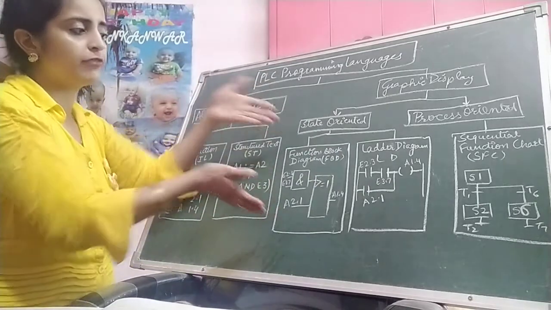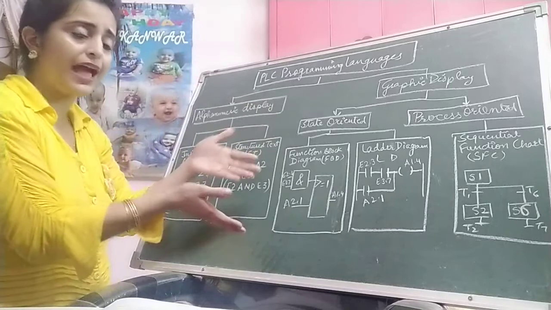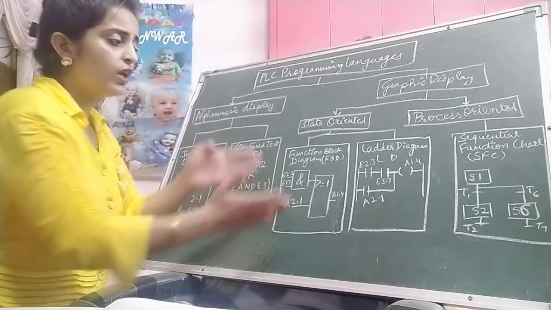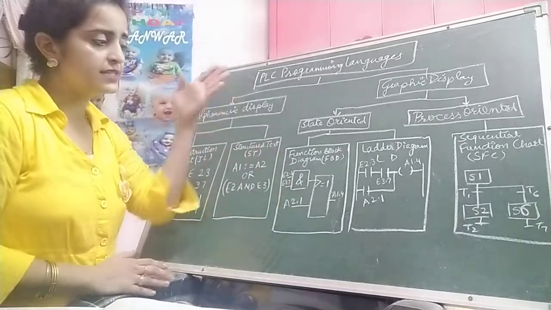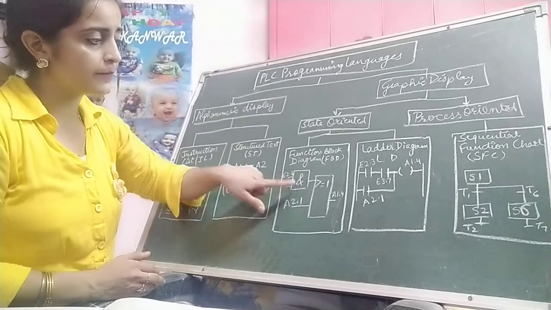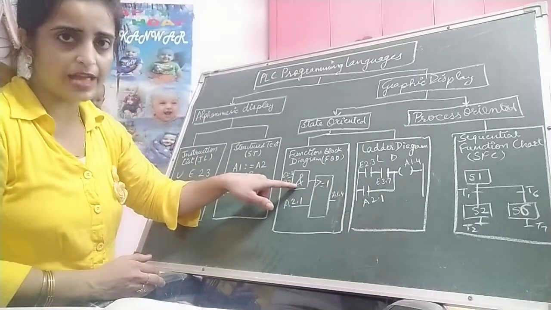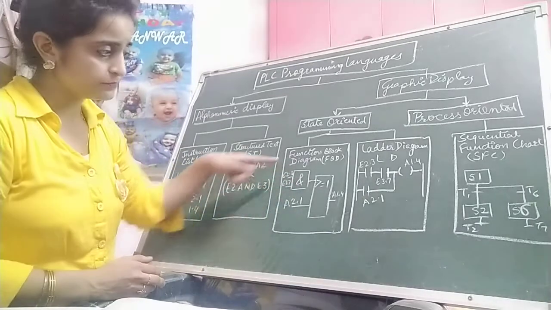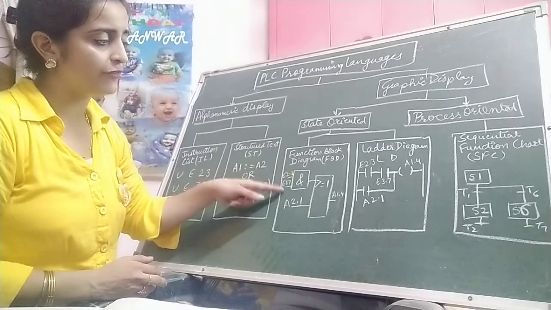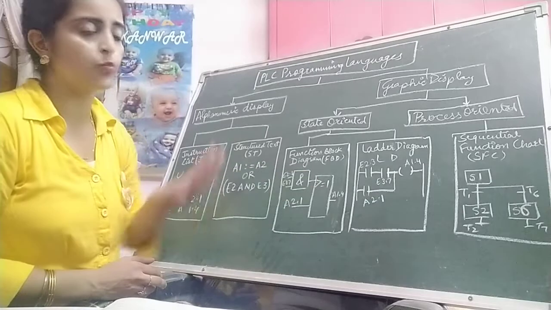Similarly, in this kind of programming language, on our programming screen, we just draw these kind of blocks. For example, you can see here, this is the AND operation I have written in the block, and for ANDing operation, we have to give two inputs and there is one output.